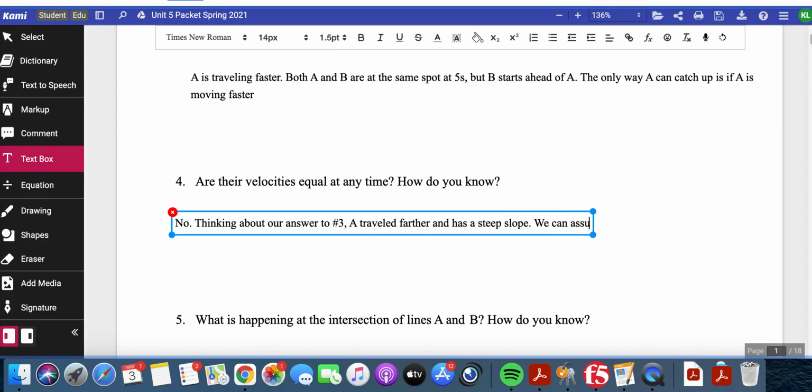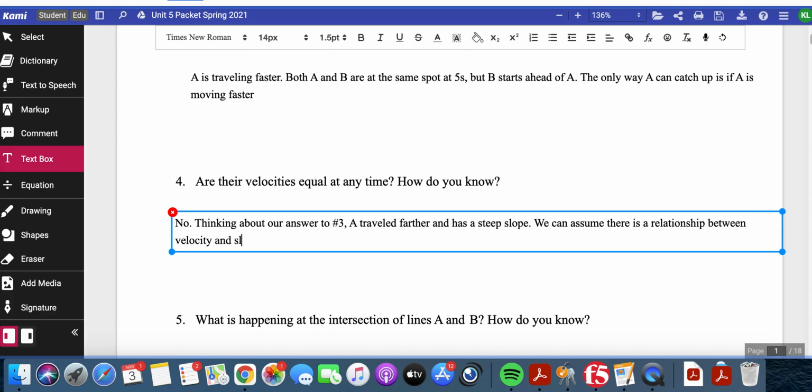We can assume there is a relationship between velocity and slope. Slope is not the same for A and B at any time. Okay, so there's a relationship between how quickly an object is moving and their slope on a position-time graph.